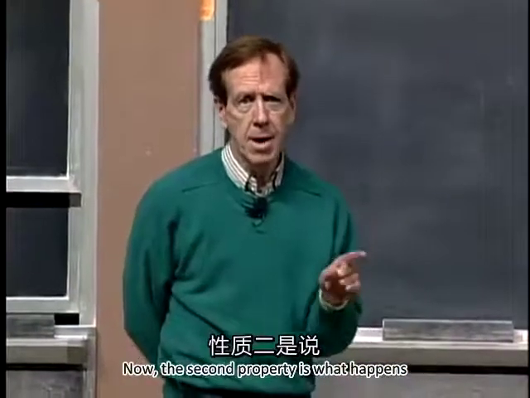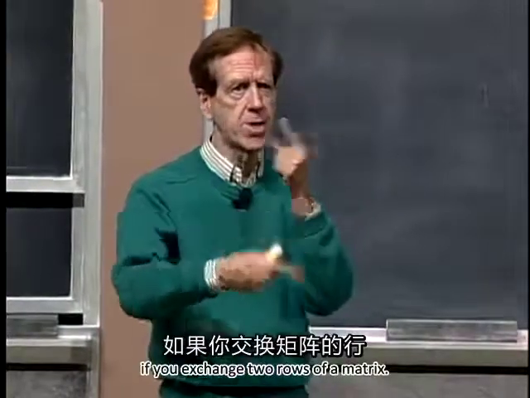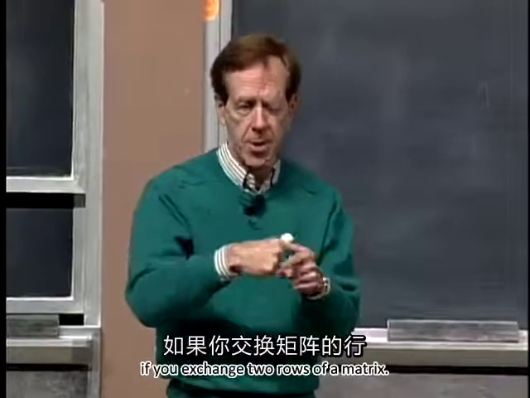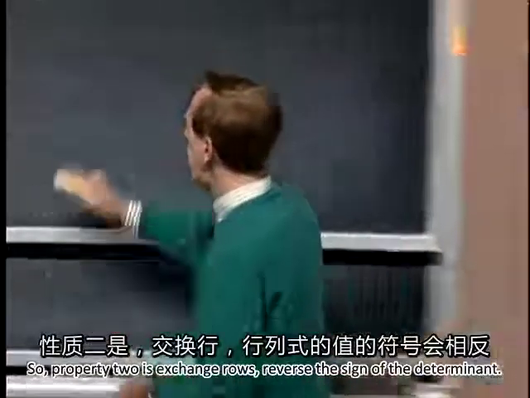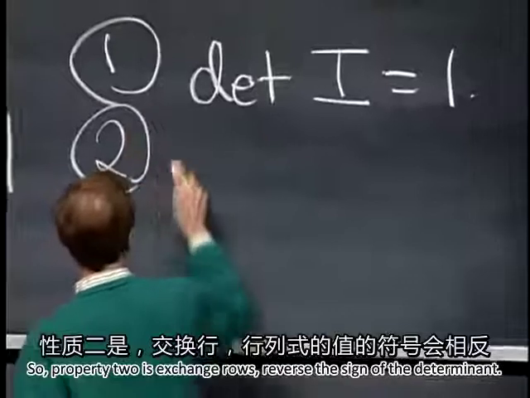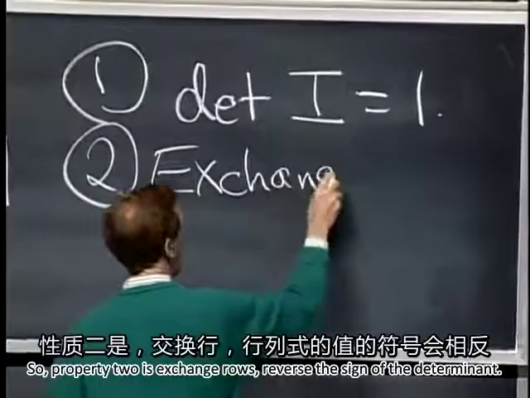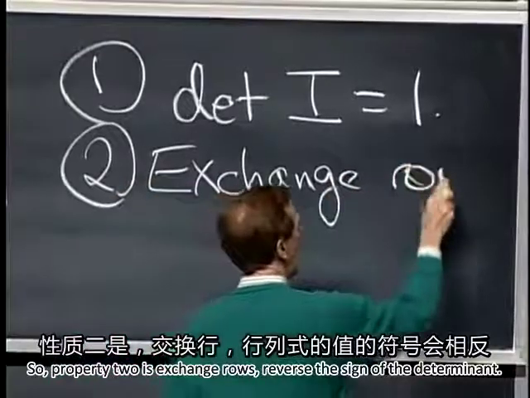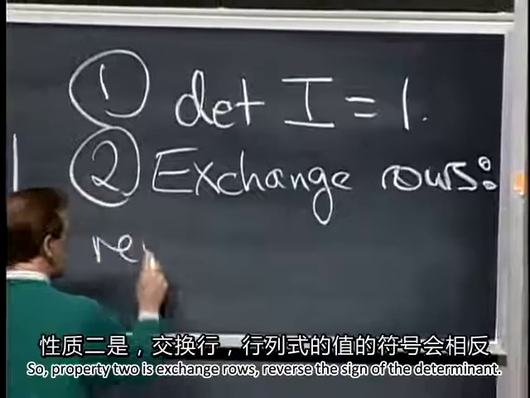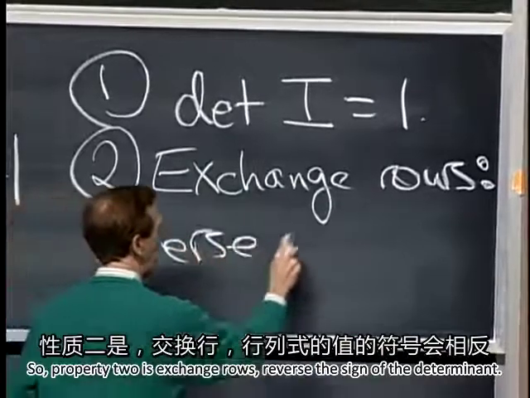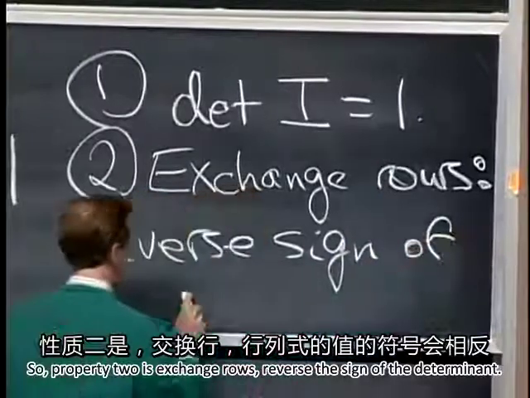Now, the second property is, what happens if you exchange two rows of a matrix? What happens to the determinant? So property 2 is: exchange rows, reverse the sign of the determinant.